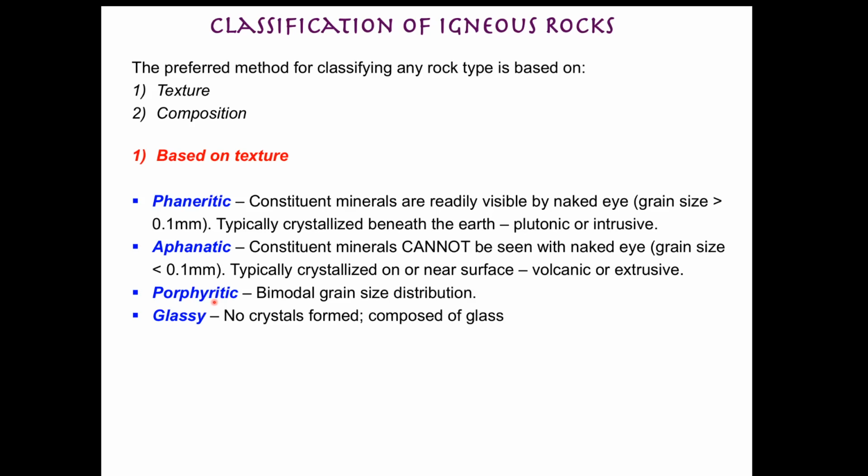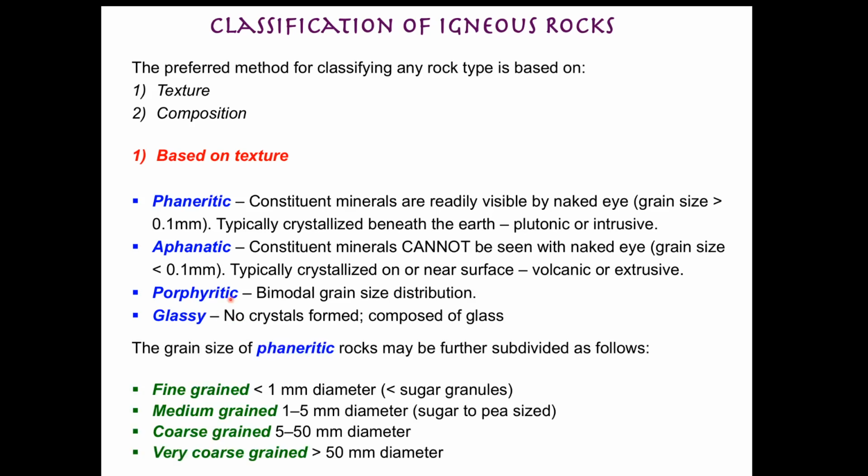And lastly, glassy. Glass is where no crystals form, or there is no time for crystals to form from a magma. If the magma is chilled very fast, no crystals form and it forms a glass, which is isotropic. This is called a glassy texture.